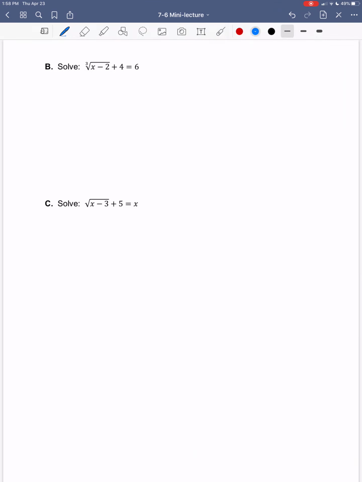Okay, now in part B, a couple things are different. First of all, it's a cube root, so that means I'm going to have to take a third power. Second, this cube root is not by itself. This plus 4 is going to mess things up, so I'm going to get rid of that plus 4 at the beginning. I'm going to subtract 4 from both sides.